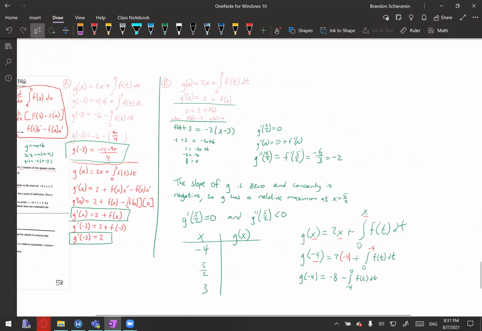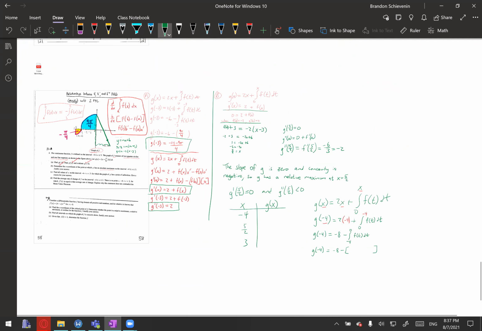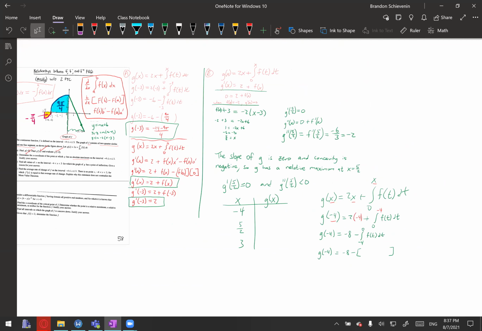So Maxon, what will g at -4 be then? Well, let's zoom back out so we can see the graph. 2 pi in the parentheses.